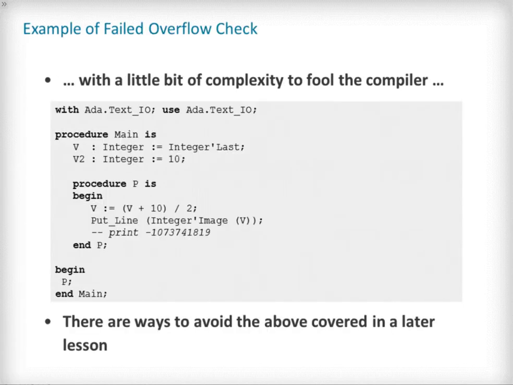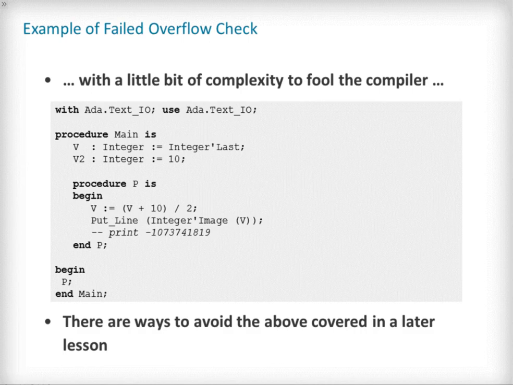Here is an example of some code that deliberately demonstrates how the compiler can be fooled into missing an overflow and performing erroneously. If we run through the following code snippet, we see the sub-expression v plus 10 will produce a temporary result that is outside of the valid range of an integer.